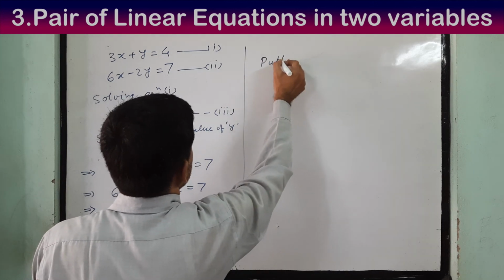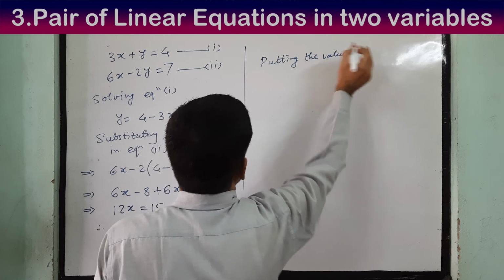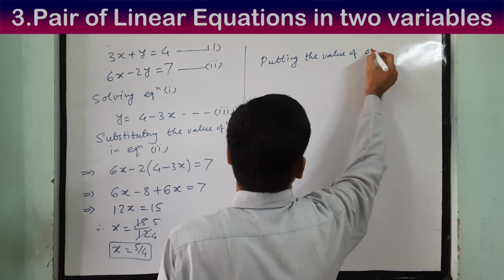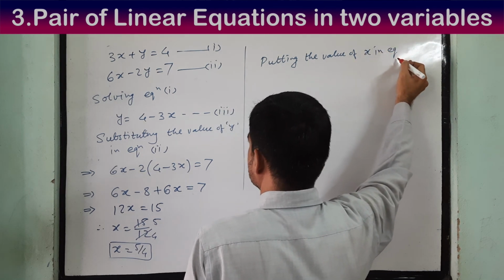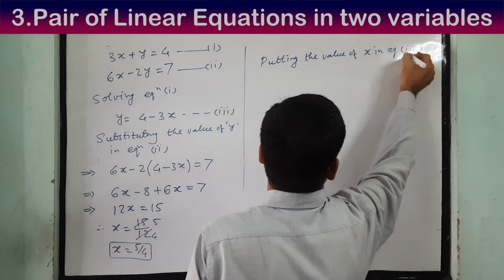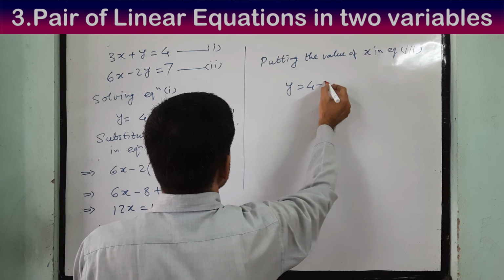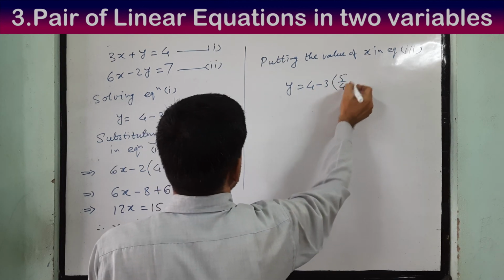Putting the value of x in equation number 3. So we have y is equal to 4 minus 3 times of 5 by 4.